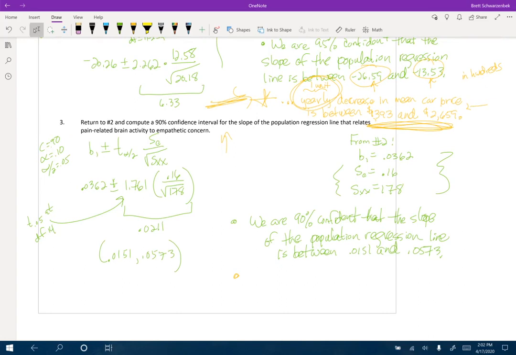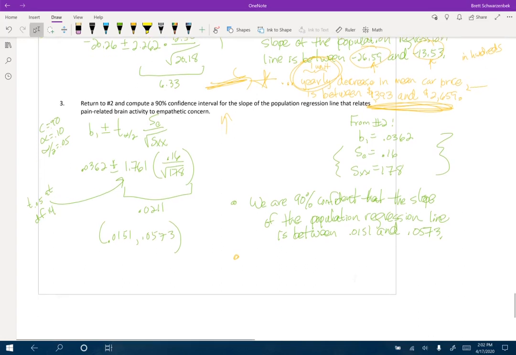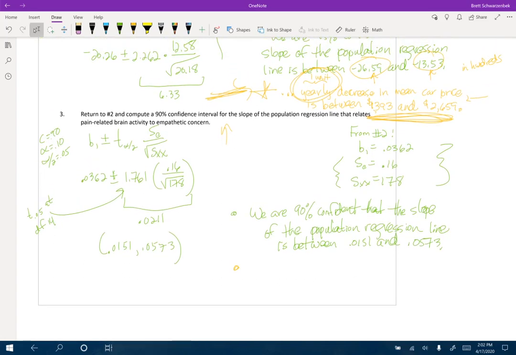Because these are positive, that means we're looking at an increase in brain activity, or an increase in Y in general, per every 1 unit increase in X. So we need to just interpret that.